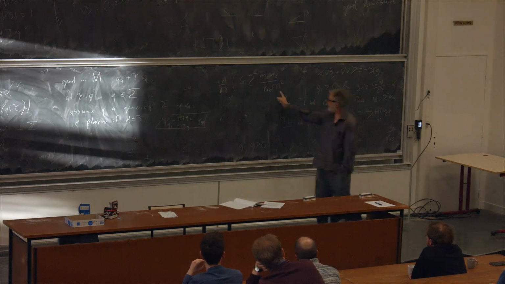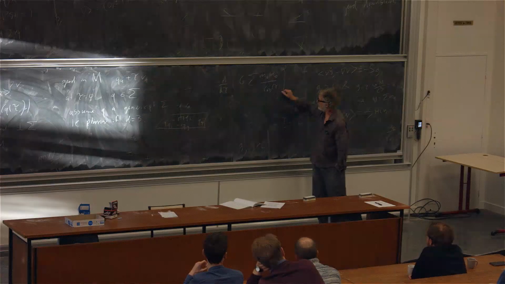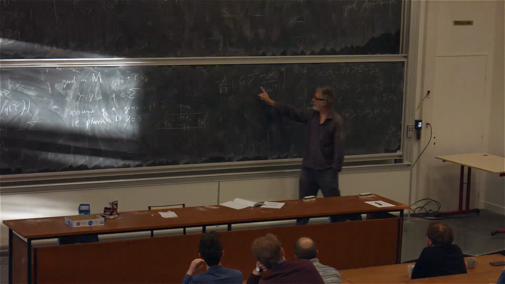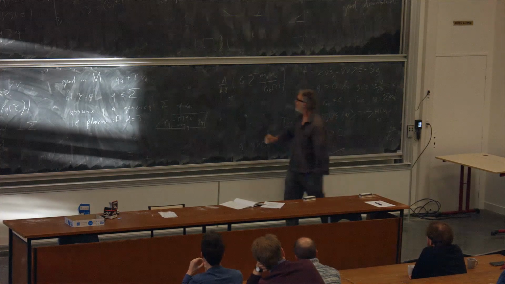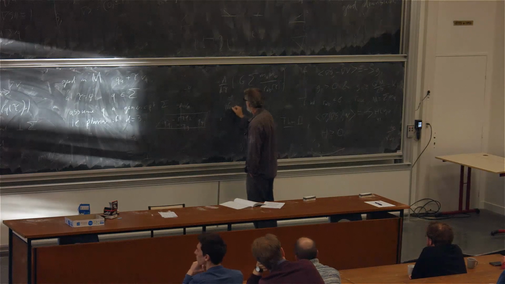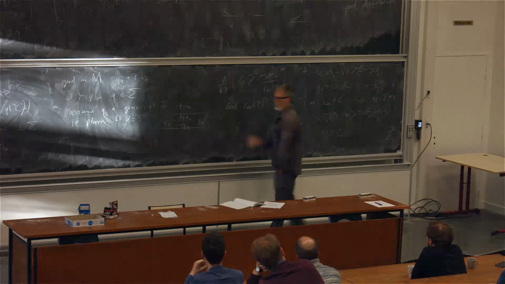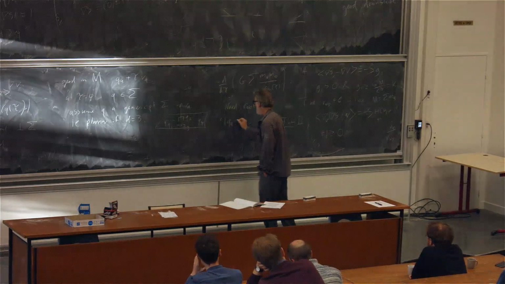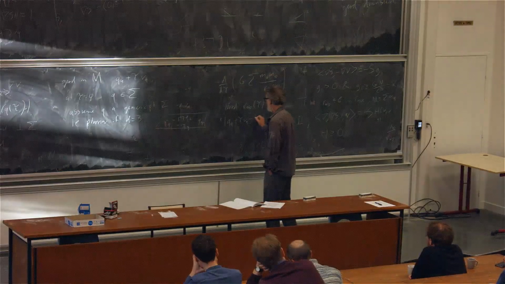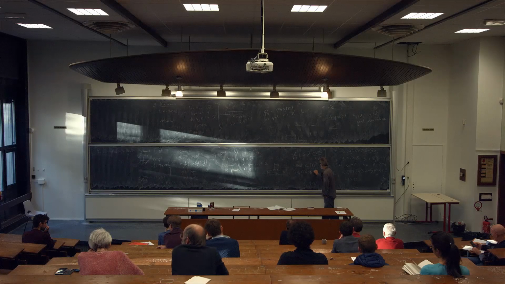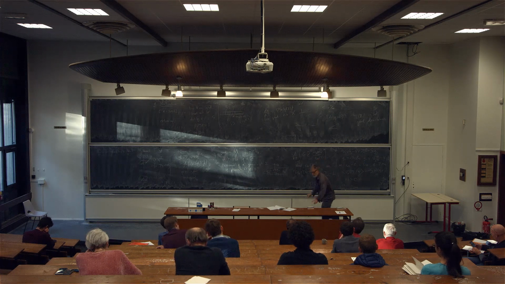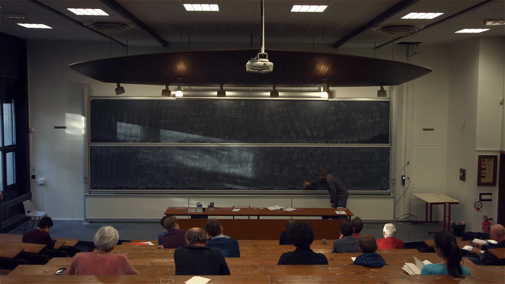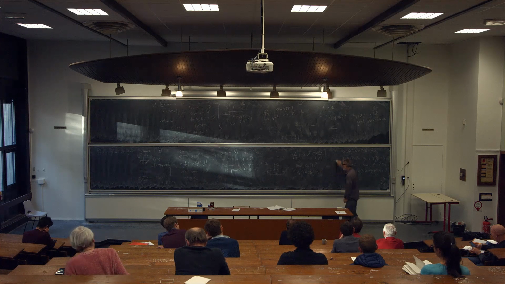So let's write it out. It looks like Q_A plus tau V_A minus Q_B plus tau V_B, squared. The important thing is a term cancels. Otherwise, I couldn't do the computation.